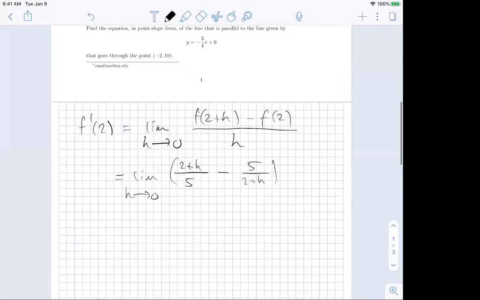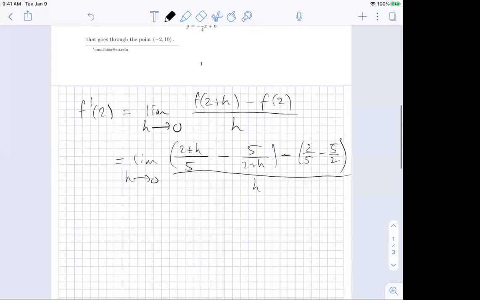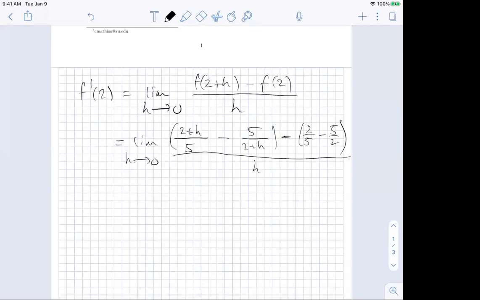All right, so there's f of 2 plus h minus f of 2. So that's just 2 over 5 minus 5 over 2, all divided by h. These problems, by the way, are a little harder than I'm going to make the exam, just so you know. This limit problem, if it comes up, will be a little easier to evaluate.